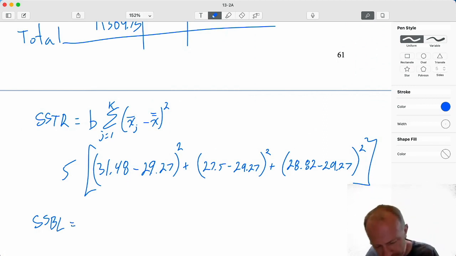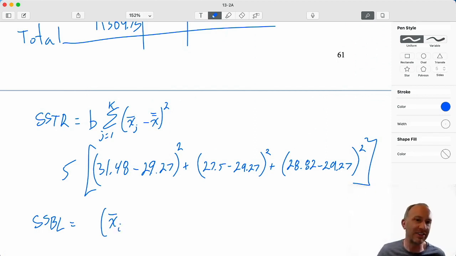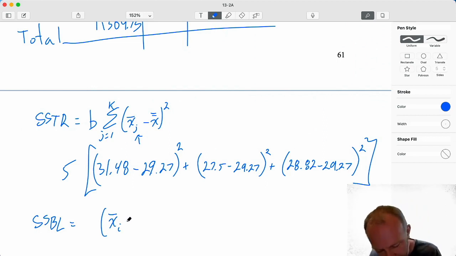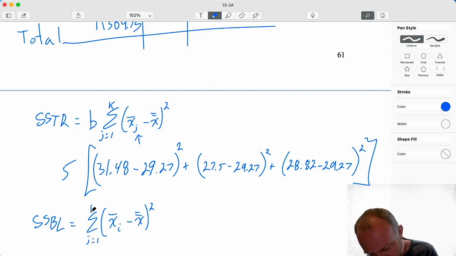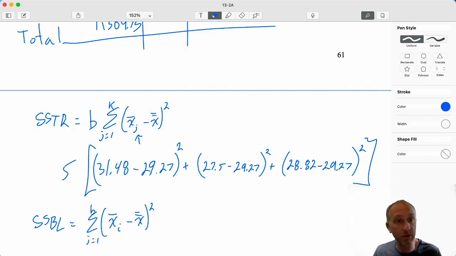Very similar. Here I'm now going to have x bar i, where i just denotes the particular block rather than j, which denoted a particular treatment. Don't get hung up in the notation. It really doesn't matter as long as you understand the calculation that you're doing. There's that grand mean squared. We add those up across all of the blocks, and wouldn't you know it, we multiply by k.